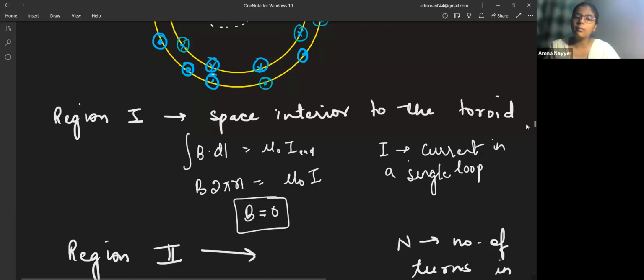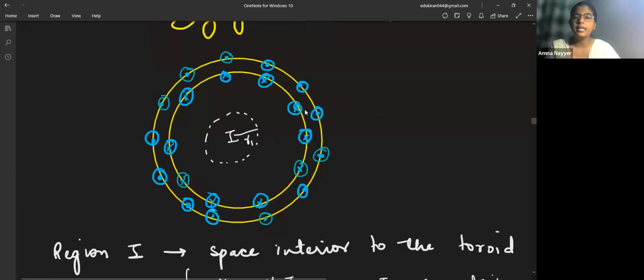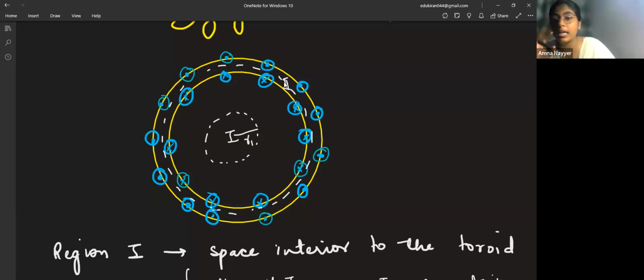Now, let's talk about region 2. So what will I do now for region 2? This is region 2. The part which is covering it, this is region 2. A portion of the magnetic field is included and it's not completely outside also. So some portion is included, some portion is excluded, right? This part I'm saying.